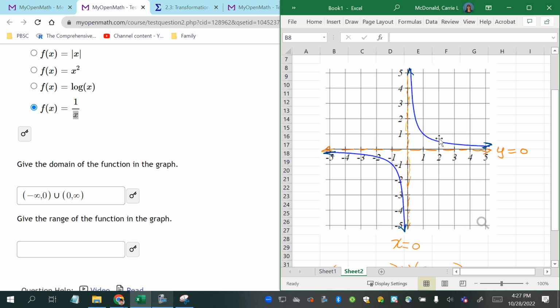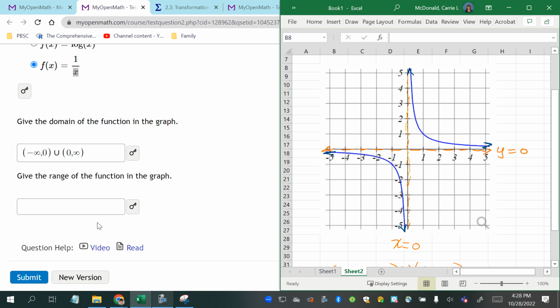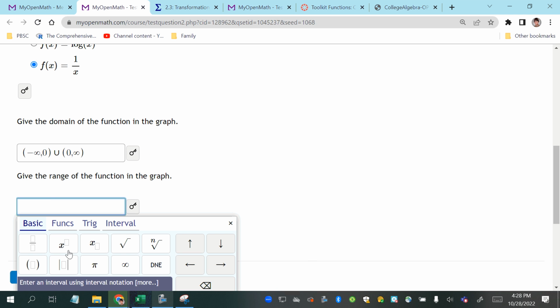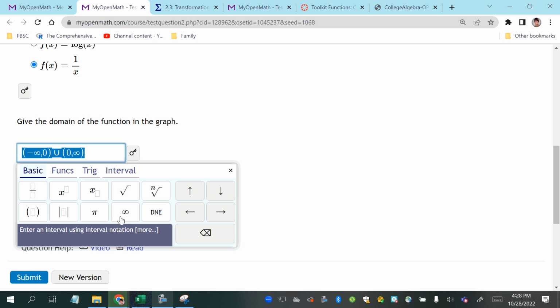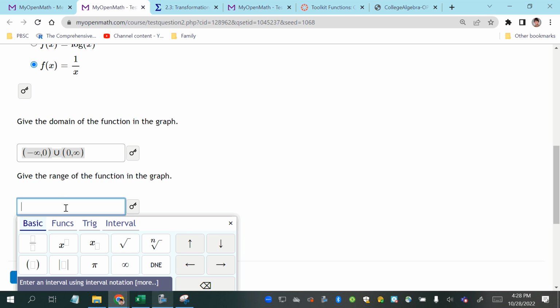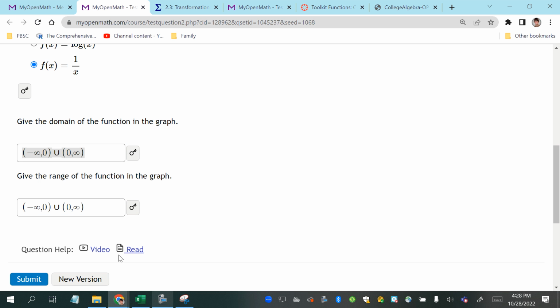So the y values continue upward without bound, they continue downward into the negatives without bound, but there is a weird behavior here where the function veers off and never touches the y equals 0. So y can never be equal to 0. So our range will be pretty much the same thing as the domain. We just have one value of y where the function does not exist.